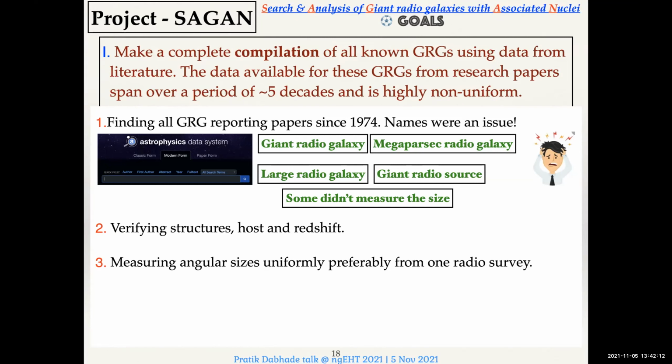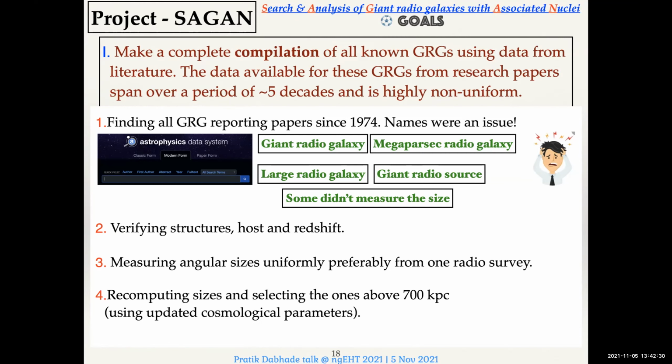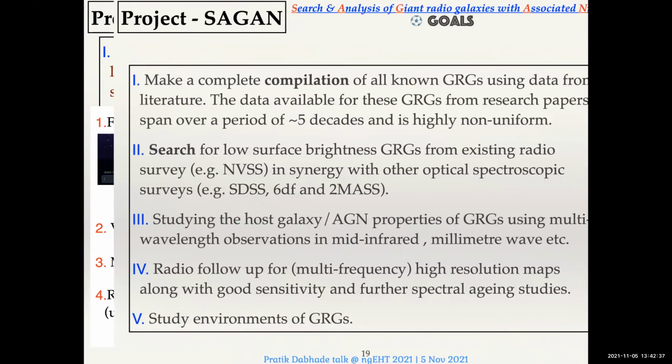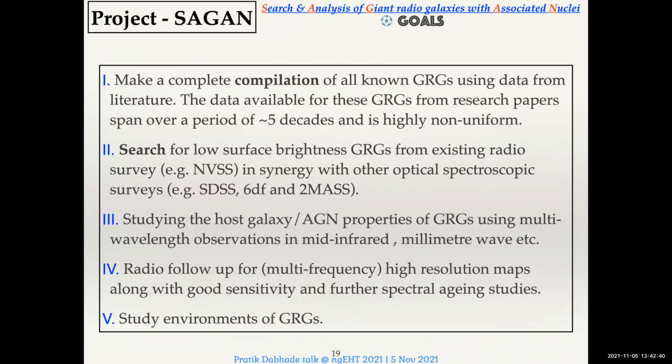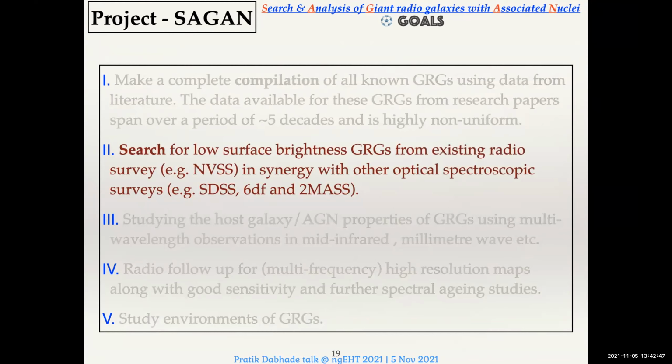We identified those candidates and verified their structure, because the older data had poor resolution and confusing sources. We updated the redshifts, measured their sizes uniformly, and used the latest cosmological constants to get sizes above 700 kiloparsec. We carried on this task until March 2020, and then we were able to make our catalog of giant radio galaxies to carry out the other goals. So that was searching.